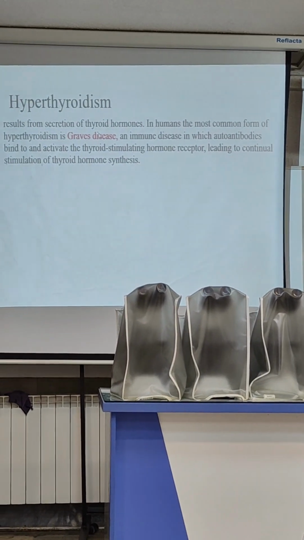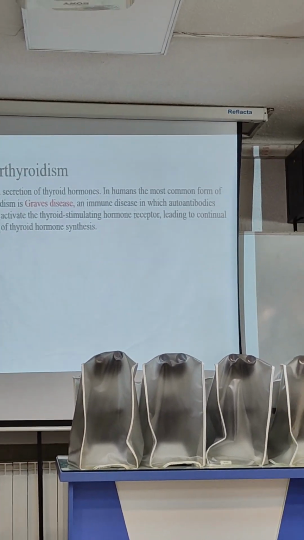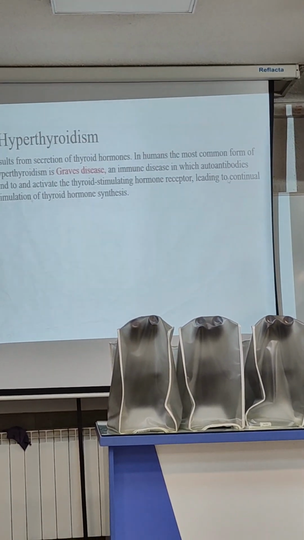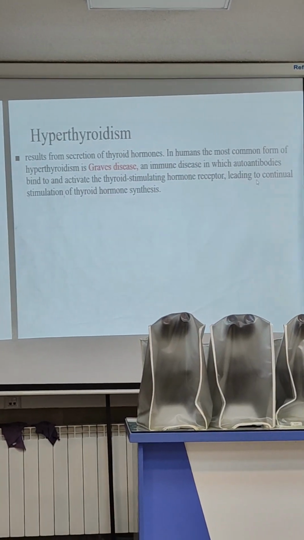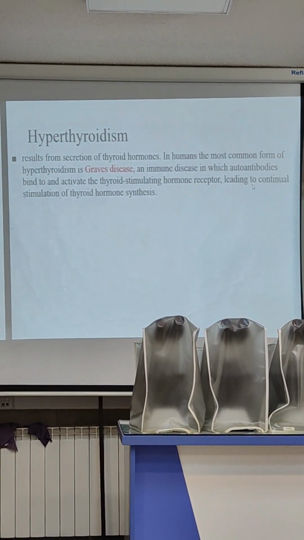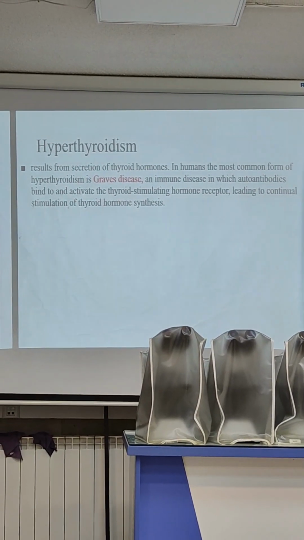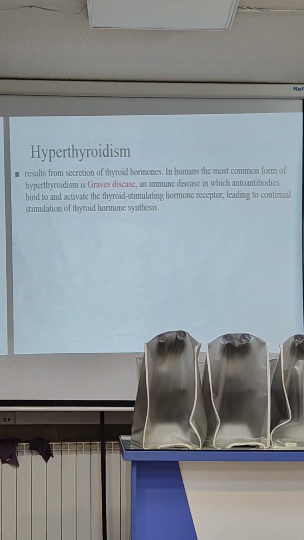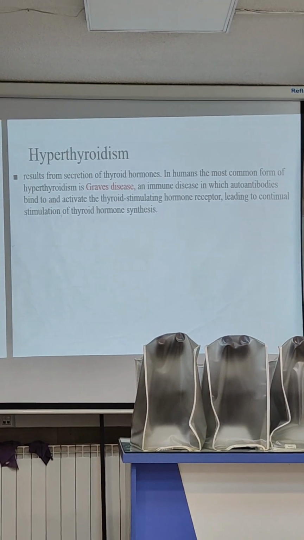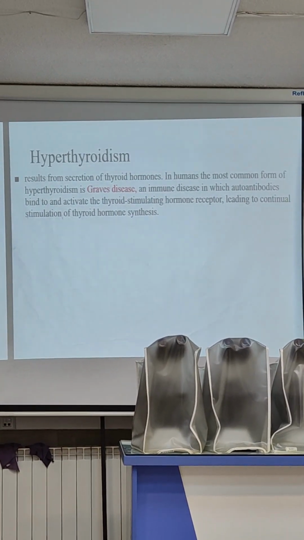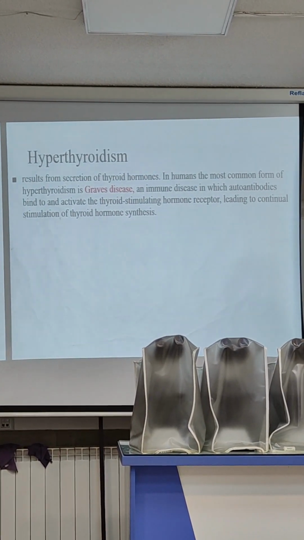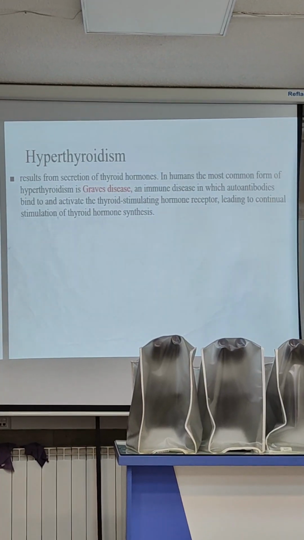What is Graves' disease? This is an immune disease in which we have autoantibodies. What does autoantibodies mean? The immune system attacks the antigen, thinking that they are bad cells. Sometimes our immune system mistakenly recognizes natural antigens.